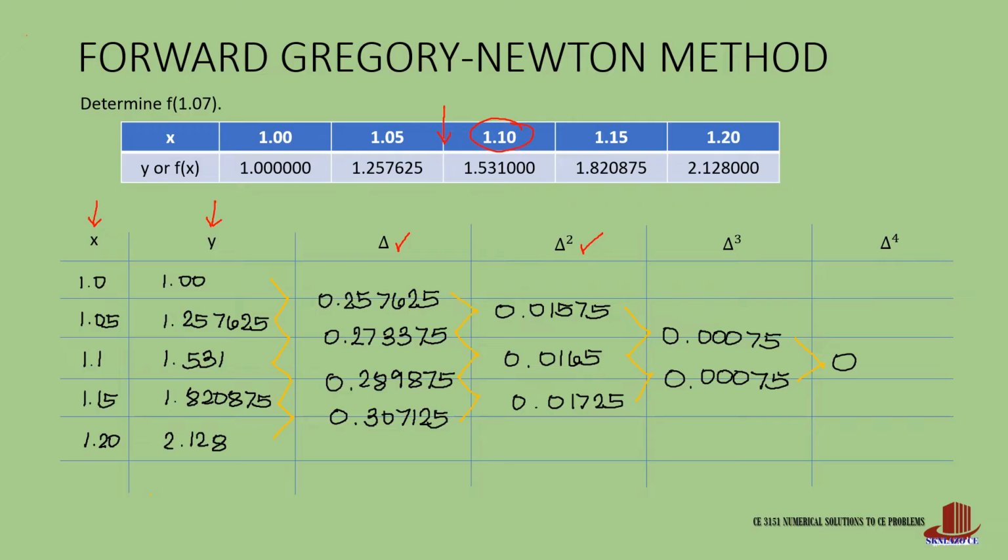In this case, we are going to work on our preceding value for the f of x, taking it as 1.05. It says from our formula earlier that x naught would be from our preceding value. If we take 1.05, this would mean that we are going to trace our values for delta to be plugged into the formula from this point.